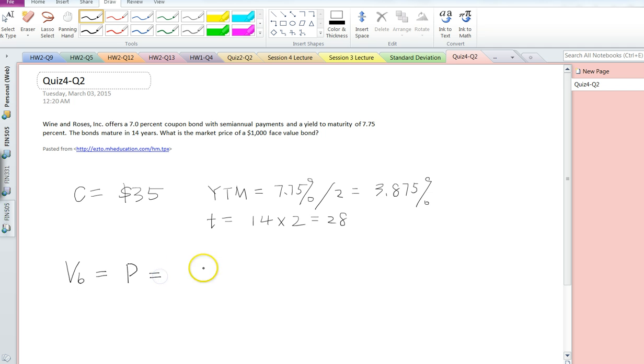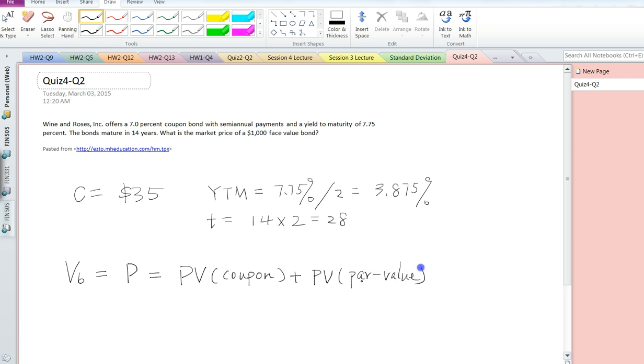So price of the bond equals present value of the coupon part, because a bond's cash flows include the coupon and the final par value. So present value of the par value.